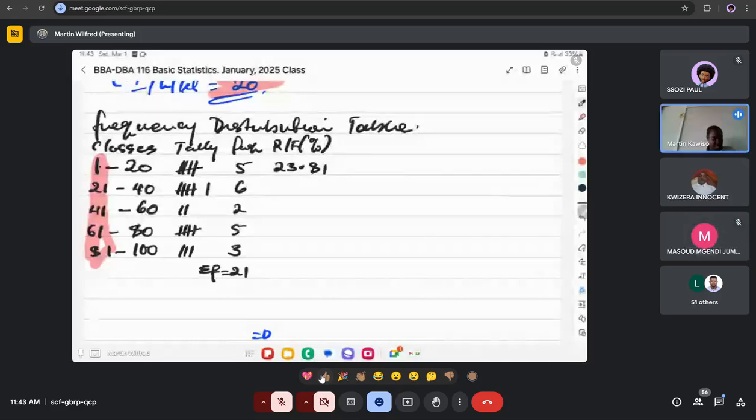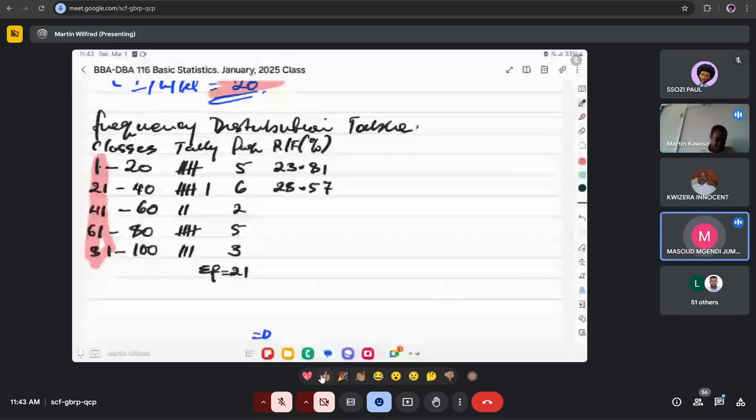Yes. Next is 6 divided by 21. The answer we get is 28.57. Good. Next, we have 2 divided by 21, times 100. What do we get? 9.52. Good. 5 was giving us 23.81.